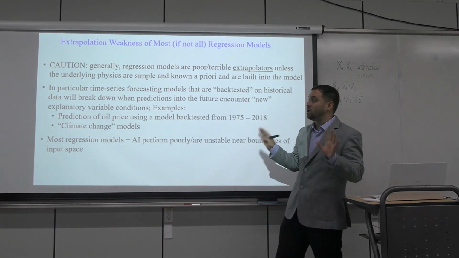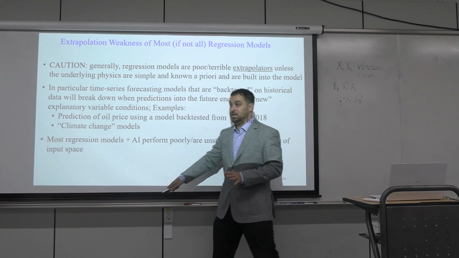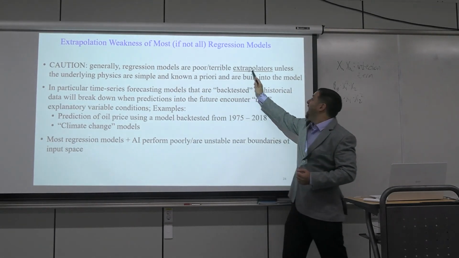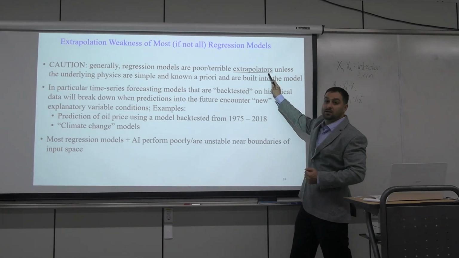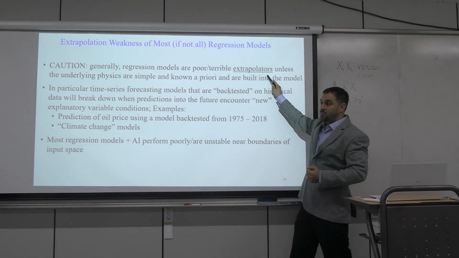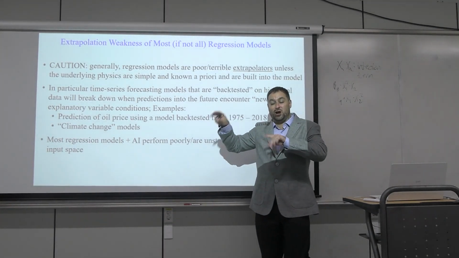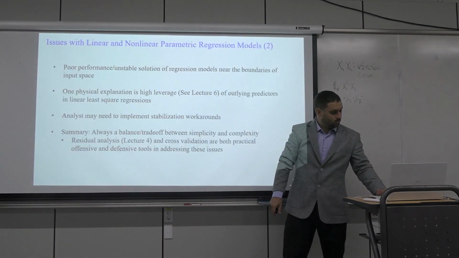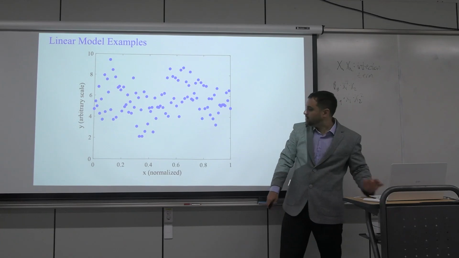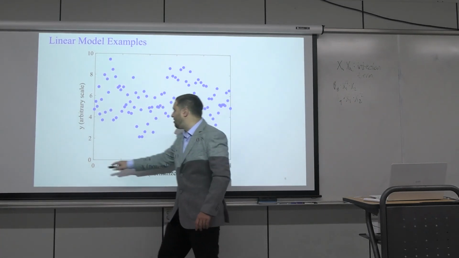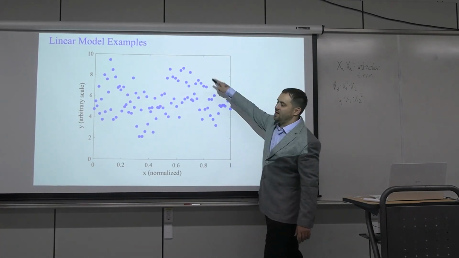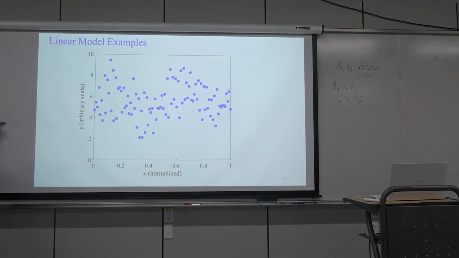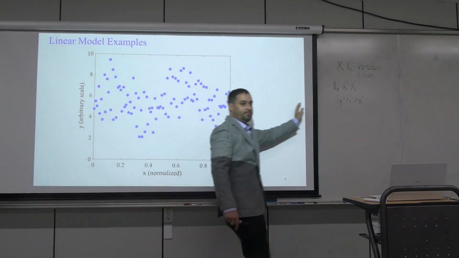One word of caution is that regression models are generally poor or terrible extrapolators, okay? So let's go back. There, x is from 0 to 1. If we fit a regression function, that function can go into the negative. It can also go out past 1.